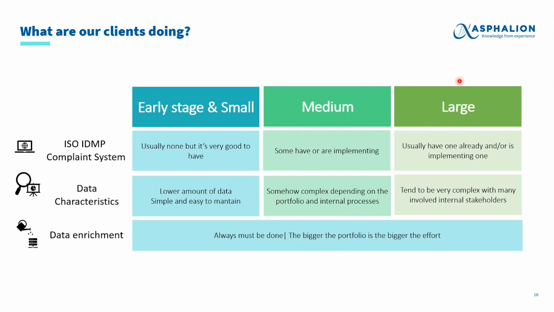Finally, large companies usually either have one or are already implementing one or will implement one. Why? Because they have very complex data that also involve many internal stakeholders. And managing this without a structured system can be impossible.